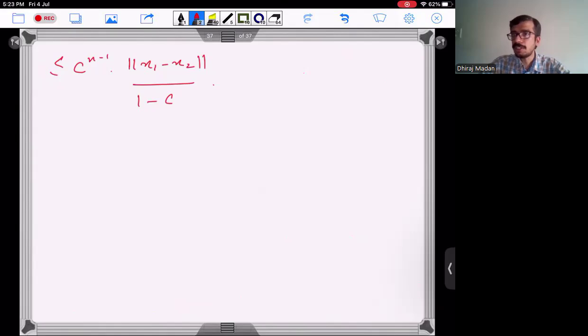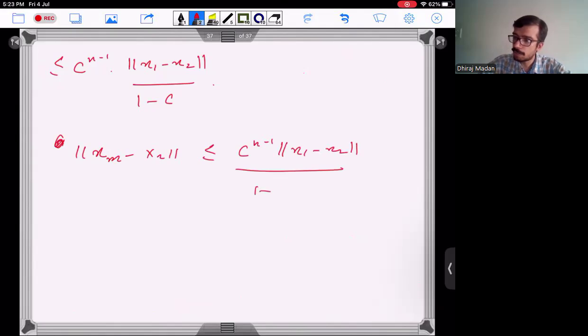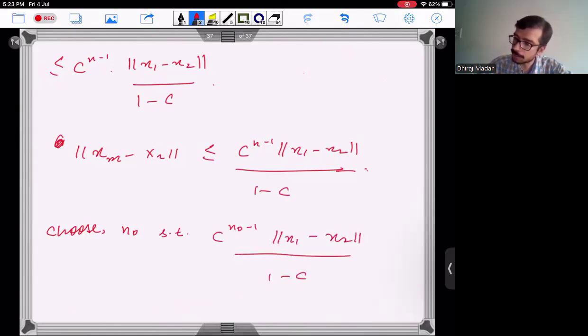Okay. So essentially, given any epsilon, we have said that the norm of xm minus xn is less than or equal to c to the power n minus 1 times the norm of x1 minus x2 over 1 minus c. Okay. And now if I choose n naught such that c to the power n naught minus 1 times the norm of x1 minus x2 over 1 minus c is less than epsilon.